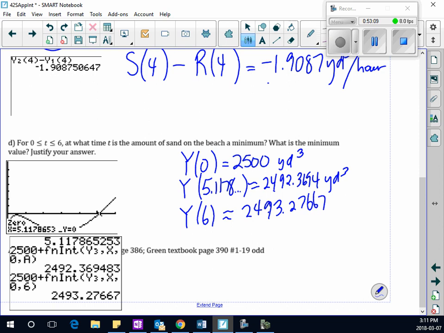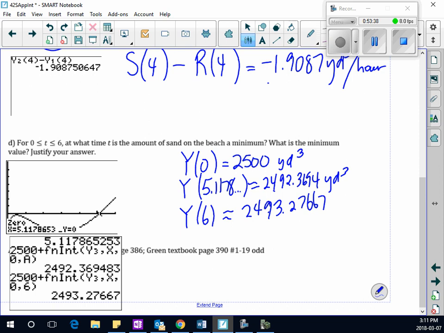Okay, so remember, in order to find a minimum value, it can be at the endpoints, which we always forget, 0 and 6. And then it also is where we cross signs, so that's why I'm testing that. So then what is my minimum? It looks like right there.